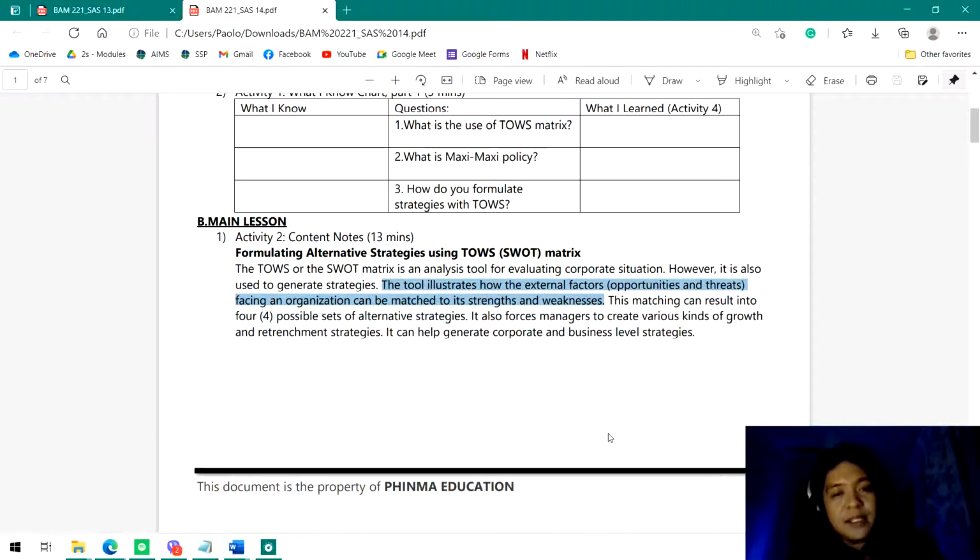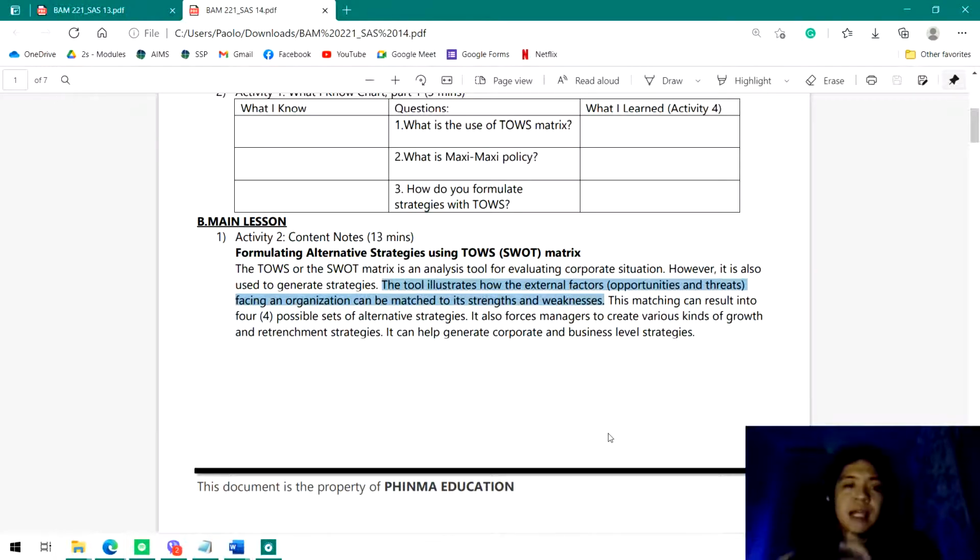So, very simple lang din naman ang isang TOWS matrix. Hindi siya masyadong mahirap din intindihin, lalong-lalo na kung alam ninyo kung paano mag-generate ng maayos na SWOT analysis.